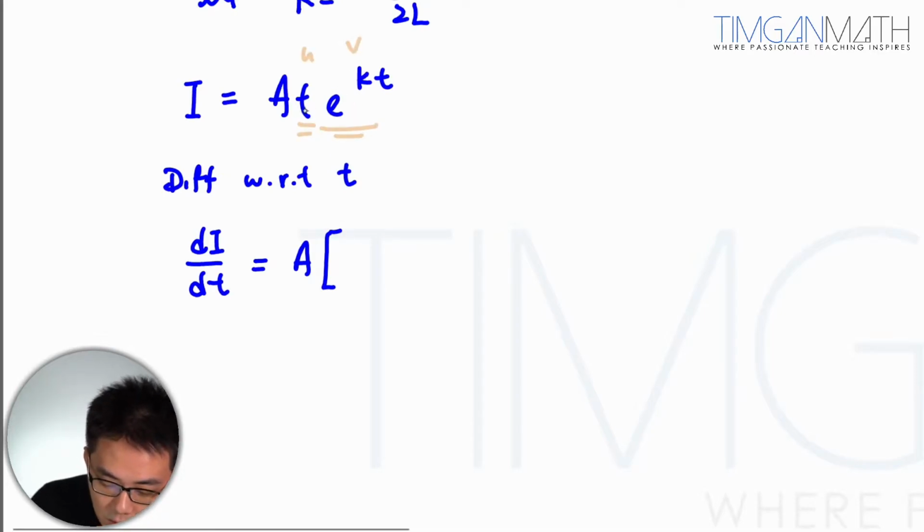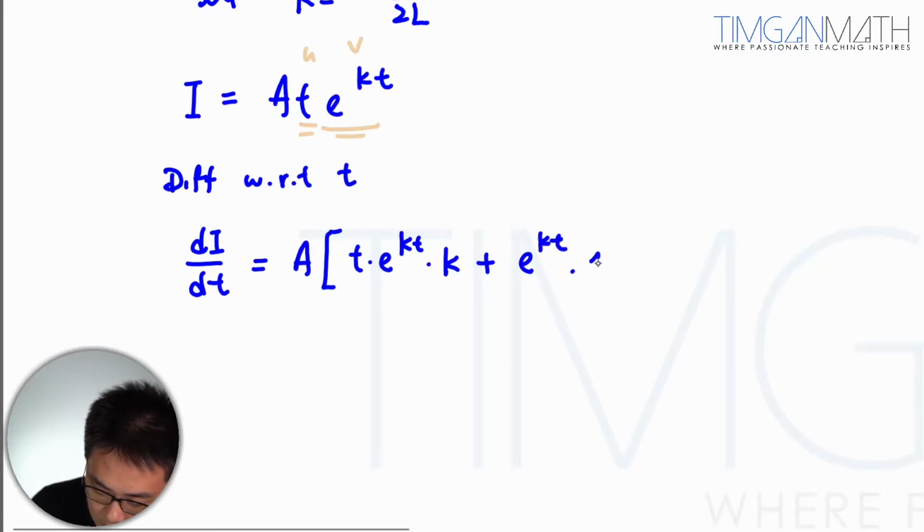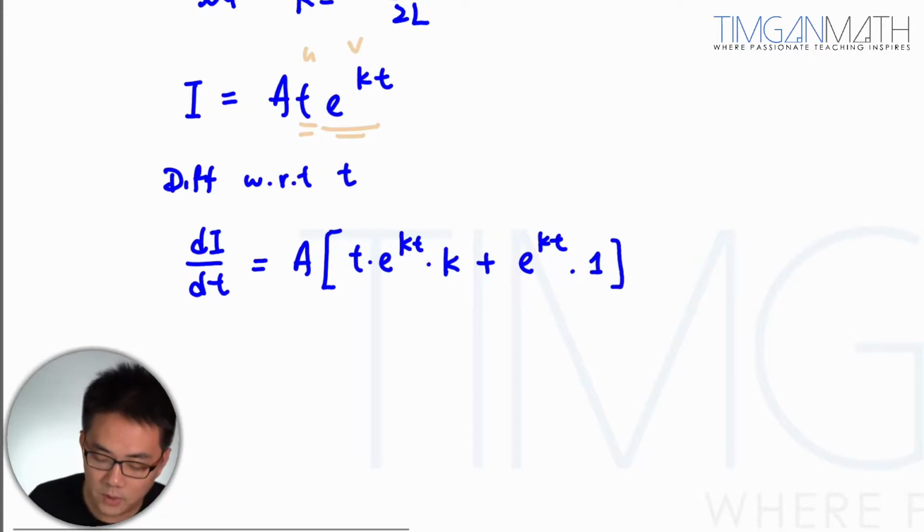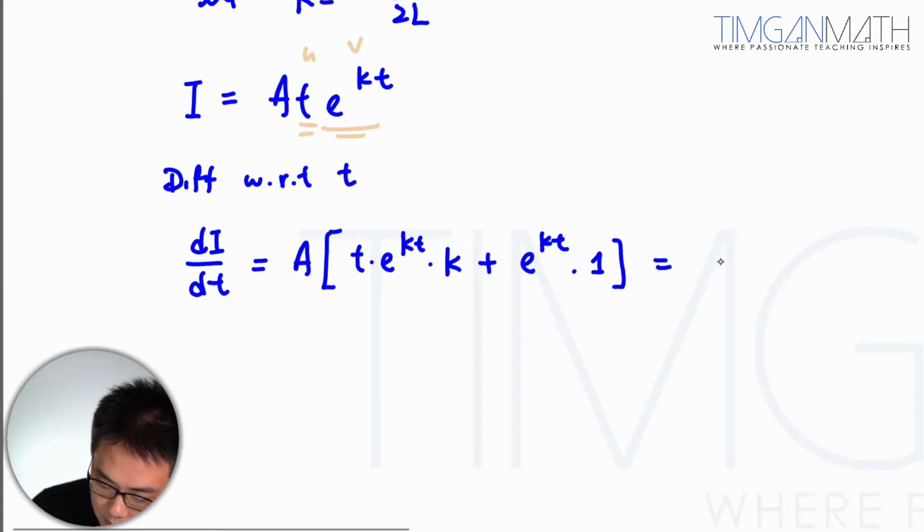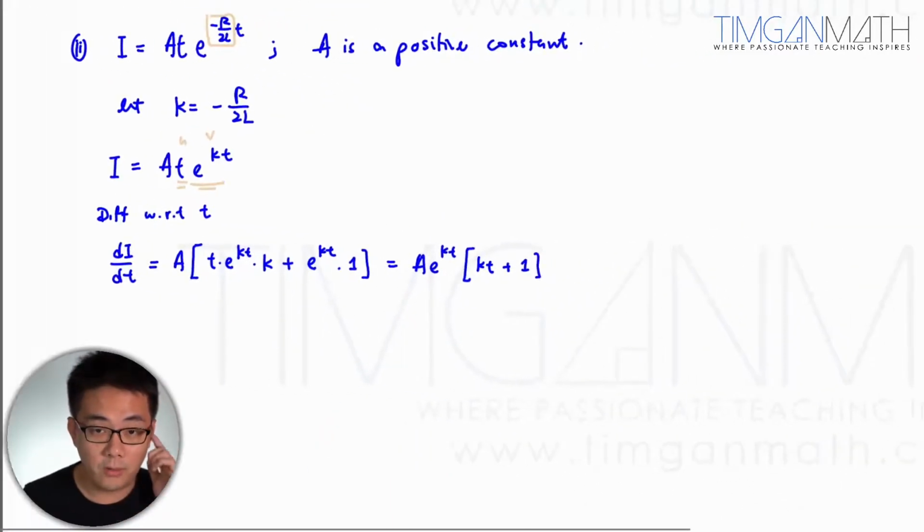So u dv/dt gives e^(kt) times k plus e^(kt) times 1. Okay, so this is done. Once we're done, we factorize the e^(kt) out, and this is kt plus 1. Just be very, very mindful of that expression there.